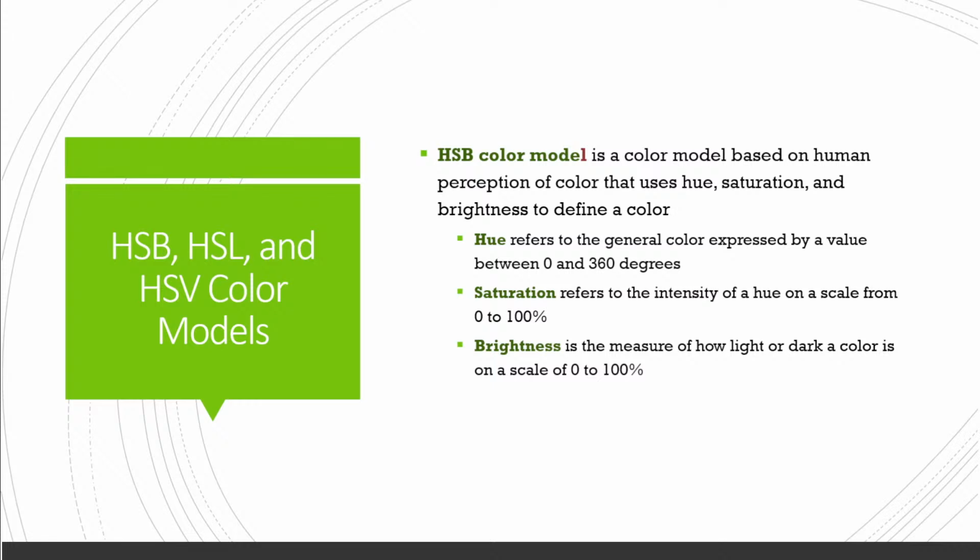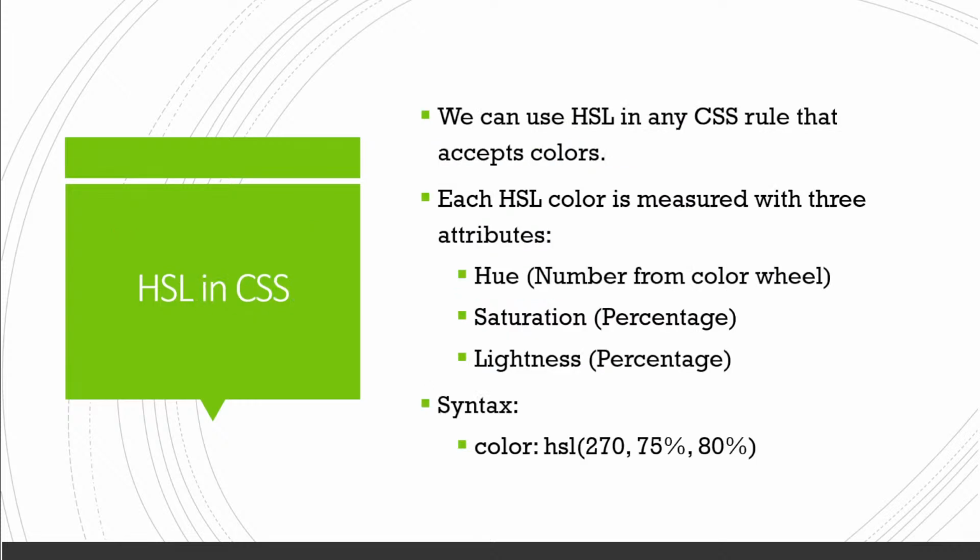And so there's the HSB color model, and that's hue, saturation, brightness. That's what you see if you use Photoshop. The one that's gained a lot of popularity in web development recently is HSL.